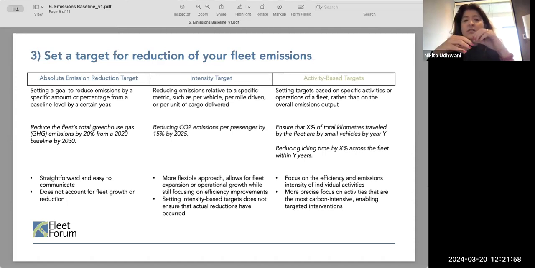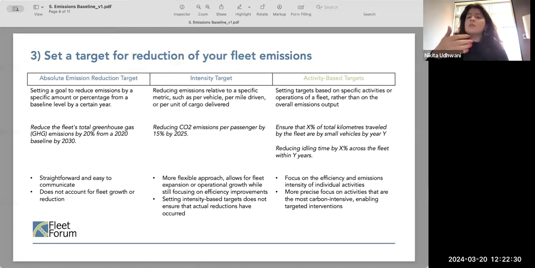The benefit of this is that it's very straightforward and simple. If I tell you I had 100 this year and I will reduce by 80%, so in 2030 I will have 80. That's what I mean by straightforward and simple. Now, the downside is that if your activities are growing, or likewise, if they are reducing, it doesn't really tell you if you are becoming more efficient.